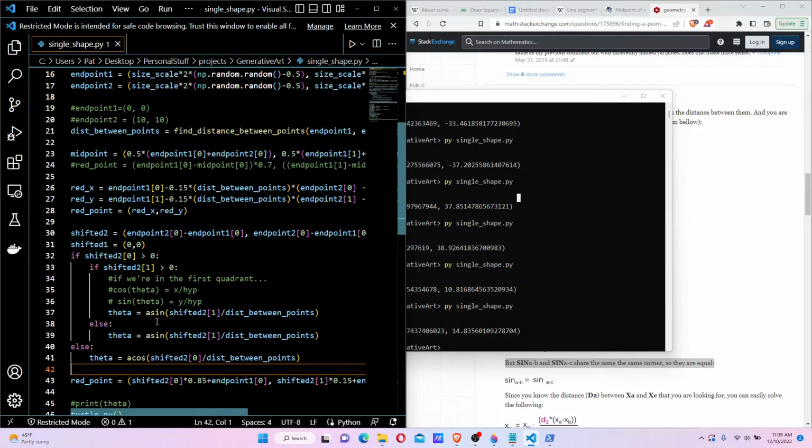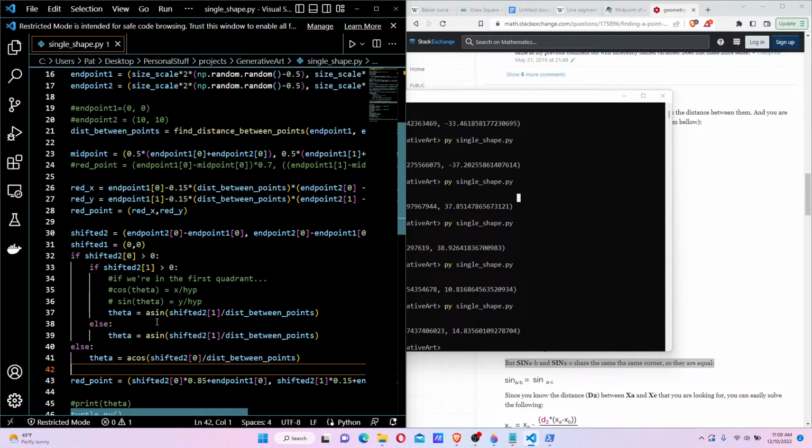So x2 minus x1 is to 1 as the new x, that's x3, is 0.15 times the shifted p2 points.